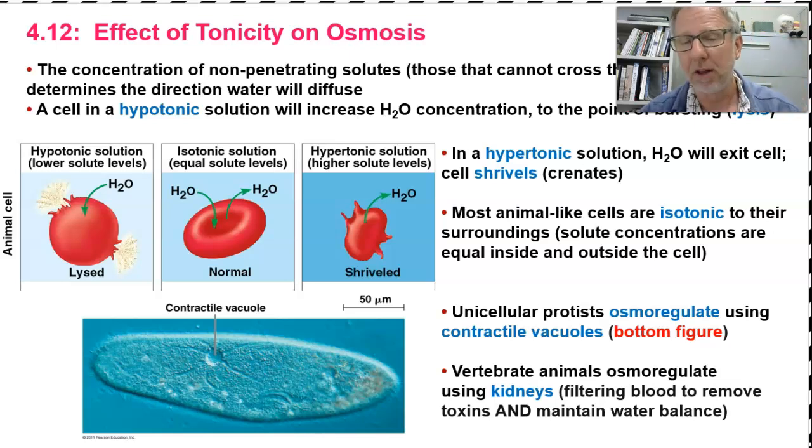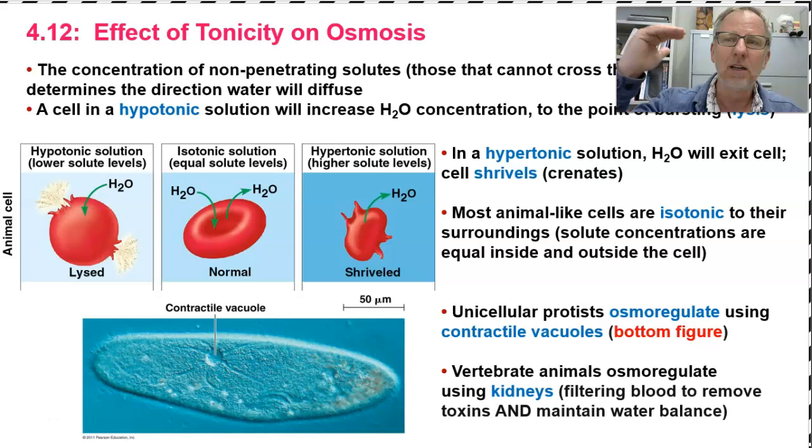How about hyper? Hyper means above, higher. So if you're hyperactive, then you're moving around a lot. Well, not necessarily moving around a lot, but anyway, hyperactive. How about hypertension? Hypertension is when you have high blood pressure. So hypertonic means high solutes, okay? And iso just simply means equal.